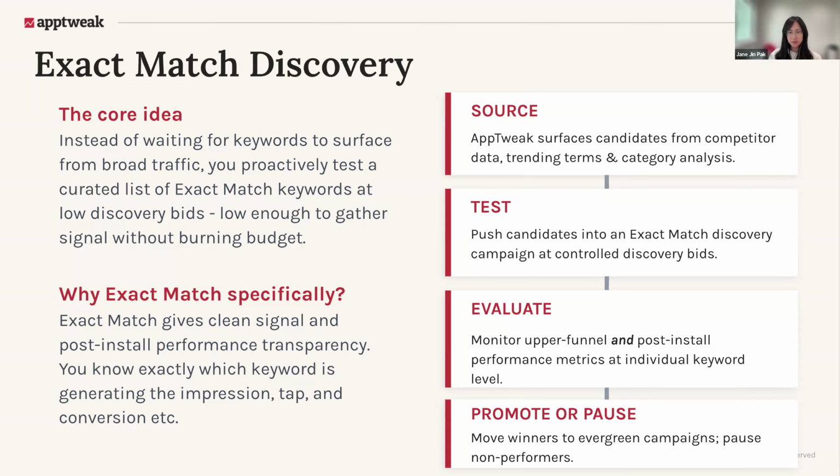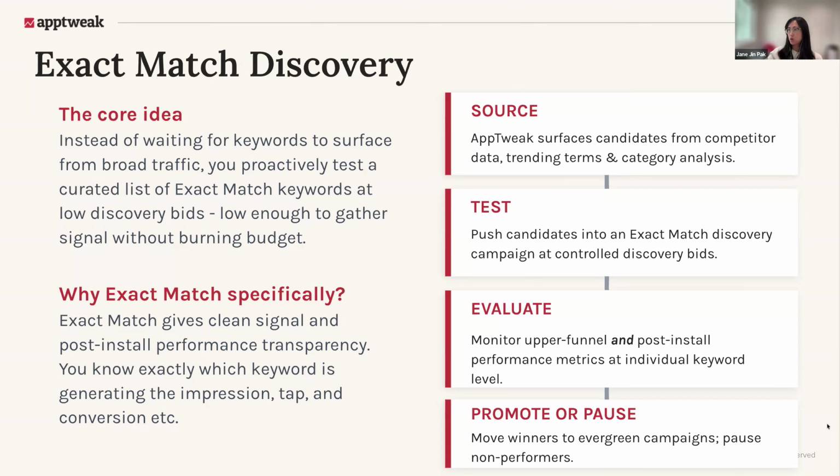Out of all the clients I've spoken to during my time here at AppTweak, they want to see post-install metrics for newly discovered keywords. This is probably the biggest feature I want to emphasize: you can see post-install performance for these new keywords.